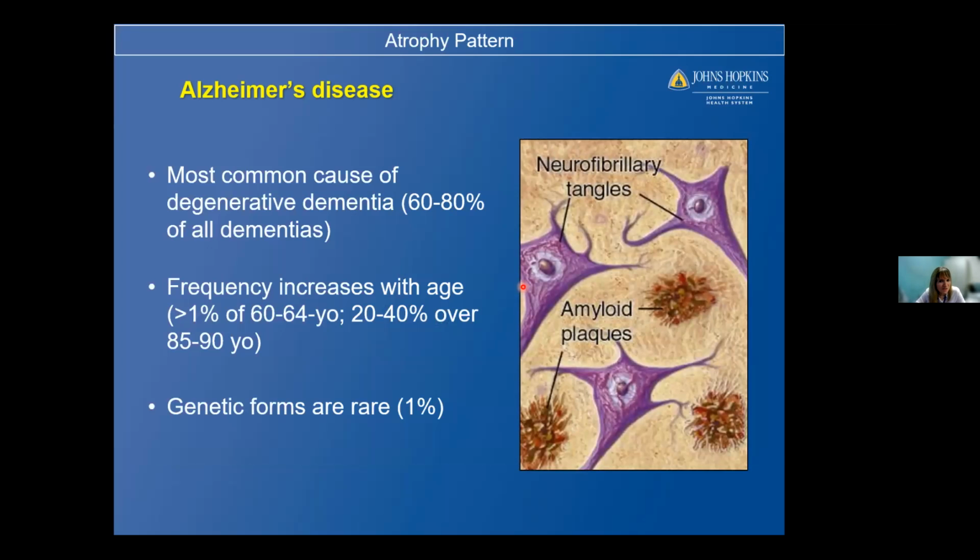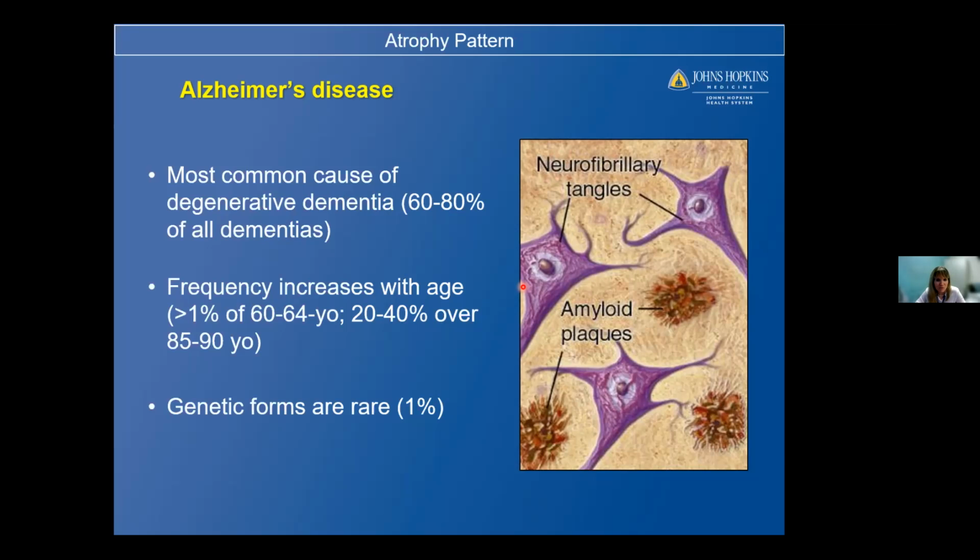It is also the most common cause of degenerative dementia, responsible for 60 to 80% of all dementias, and therefore imposing a significant burden on developed nations such as the U.S. So the prevalence is strongly linked to age, with more than 1% of 60 to 64-year-old patients being diagnosed with the condition, compared to 20 to 40% of those over 85 to 90 years of age.